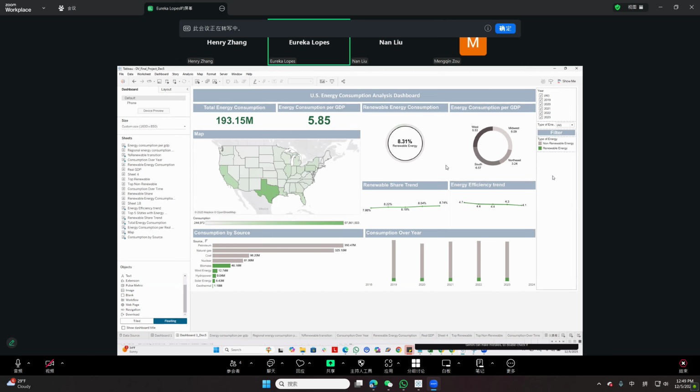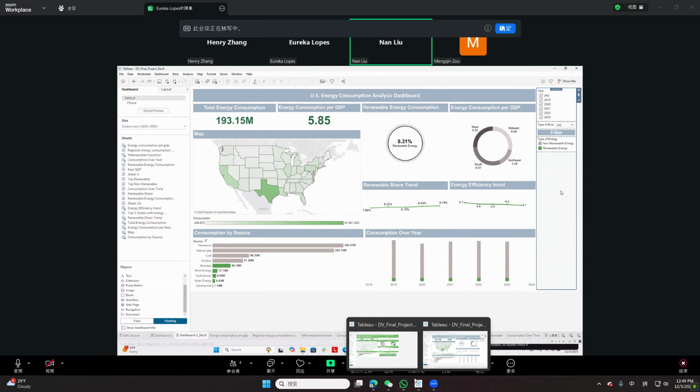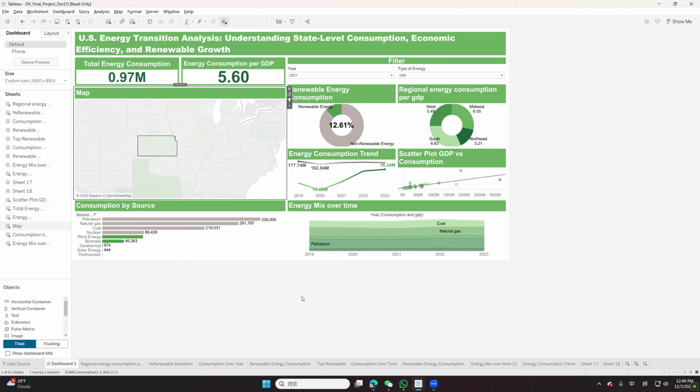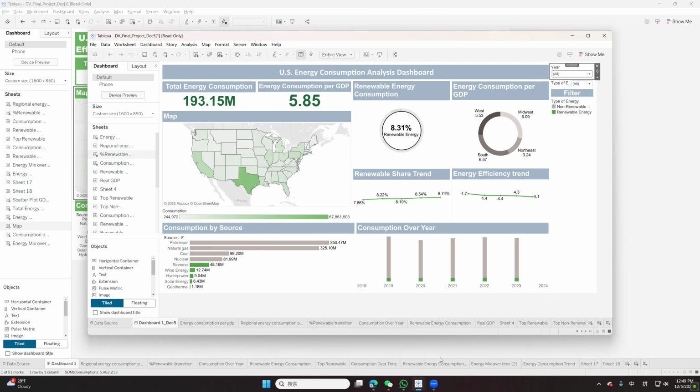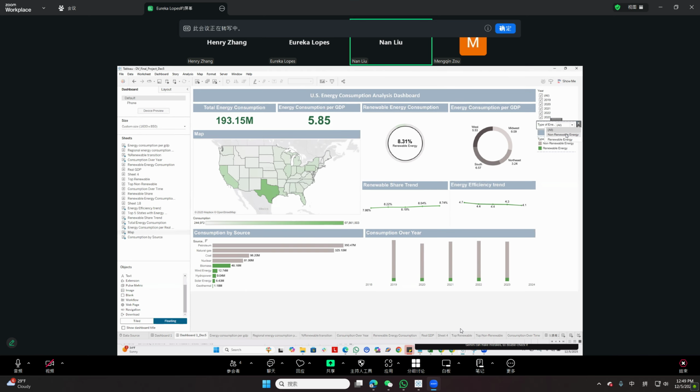If we can choose the type of energy, I see you can choose renewable energy consumption. We can just click and choose if it is renewable or not. So I don't think we need this filter on the right side anymore.